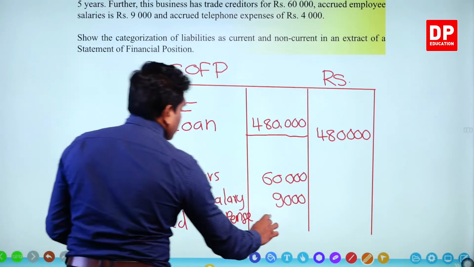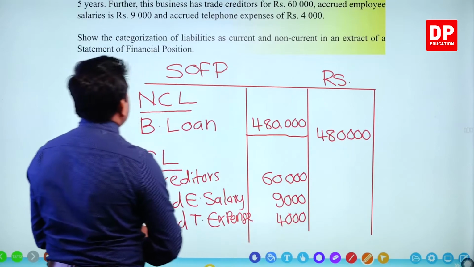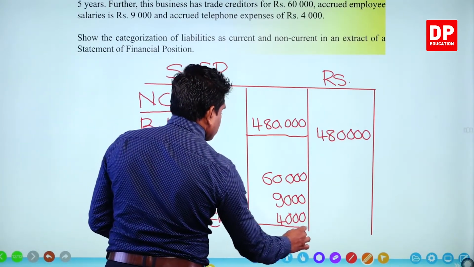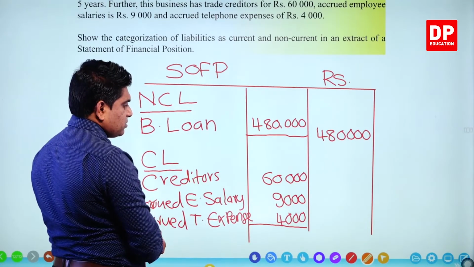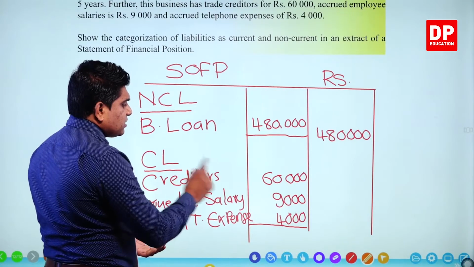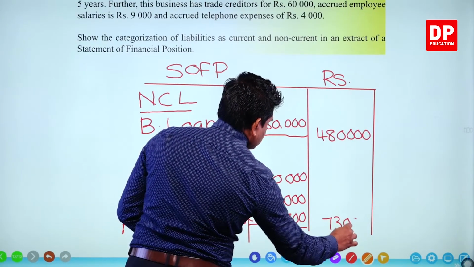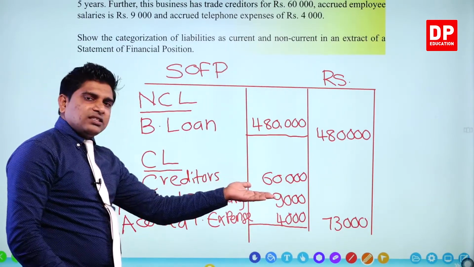How much? 4,000. Only these are the details given. Now, what do you do? You add these all. How much? 69,000. Right? Then 73,000. 73,000 is the total current liabilities.